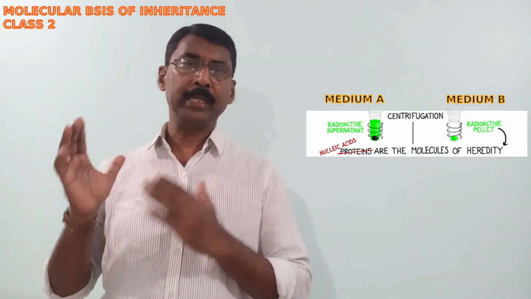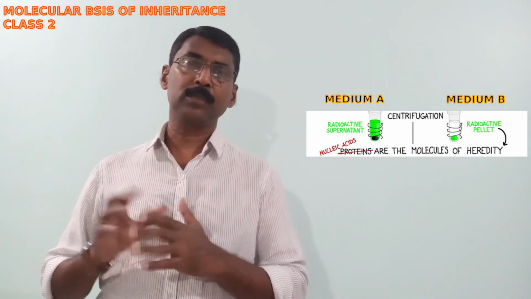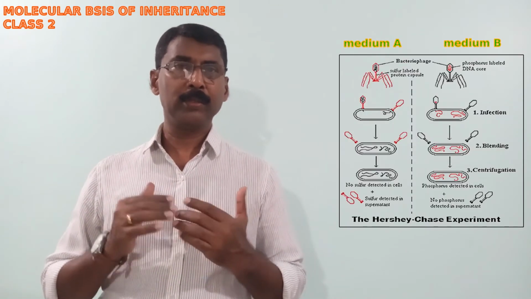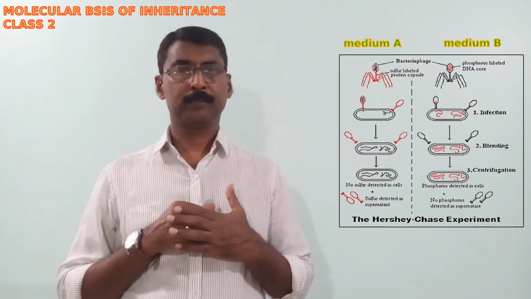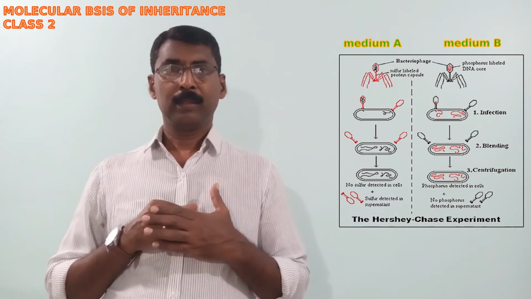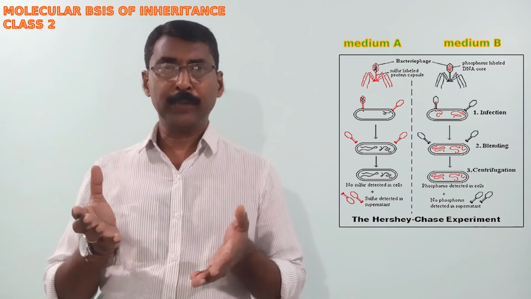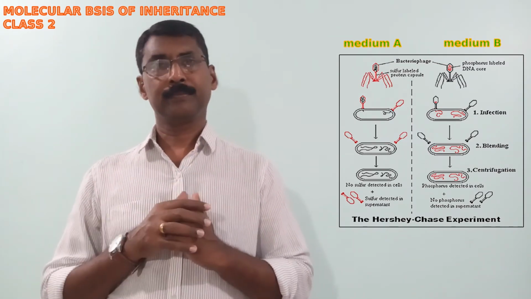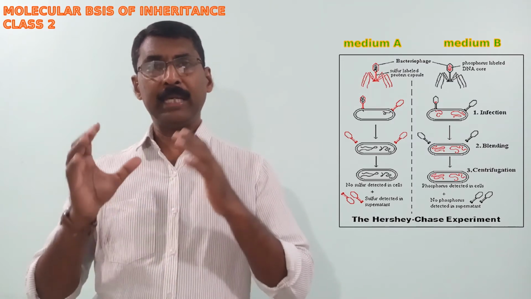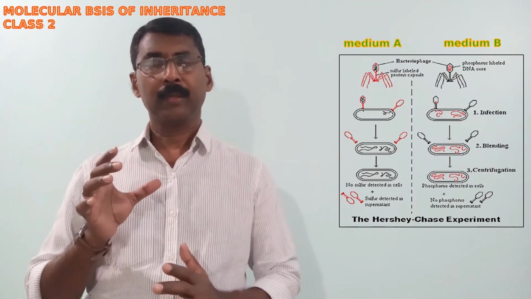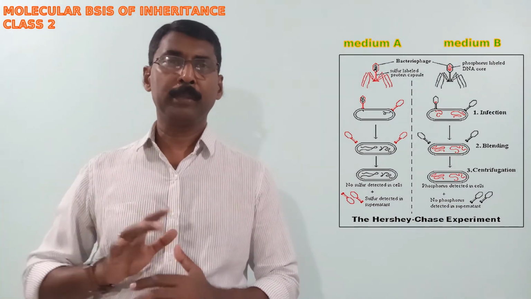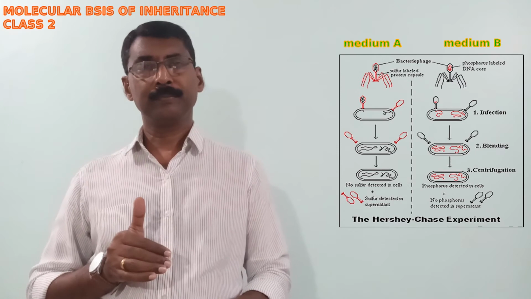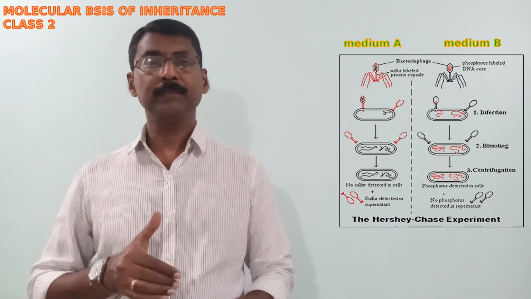In culture medium A, the radioactive substance was sulfur. Sulfur, I told you, is a part of the protein. So, bacteriophages took up the sulfur to make their protein coat, and while attacking the bacteria, they left the protein behind that cannot go into the cell, into the bacteria.